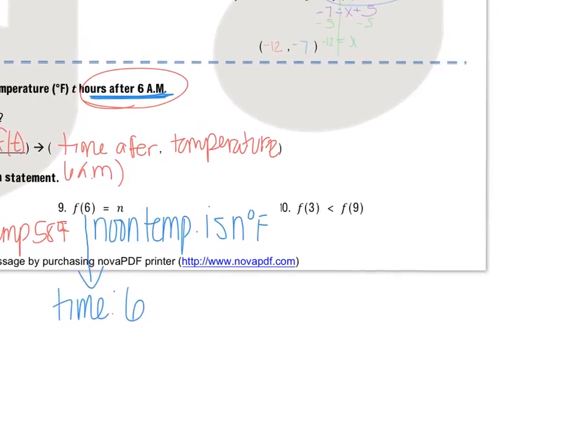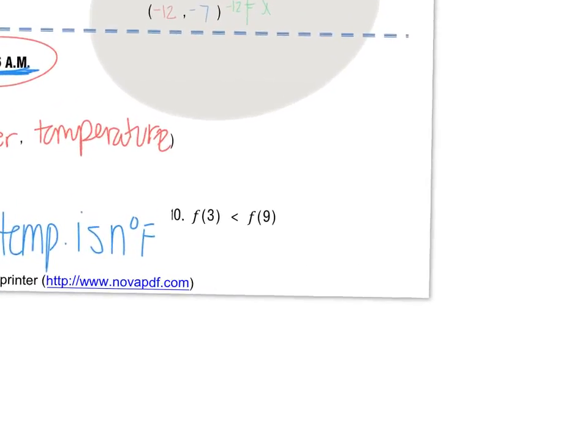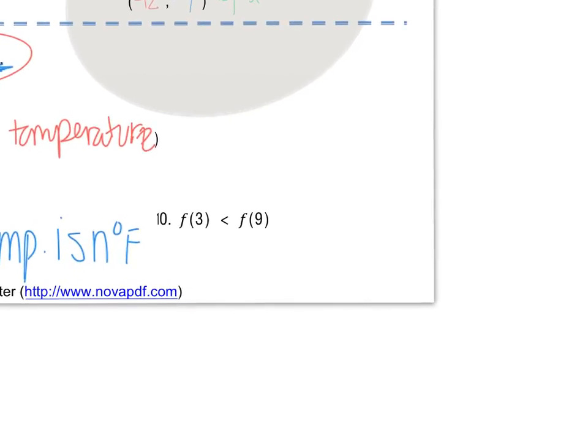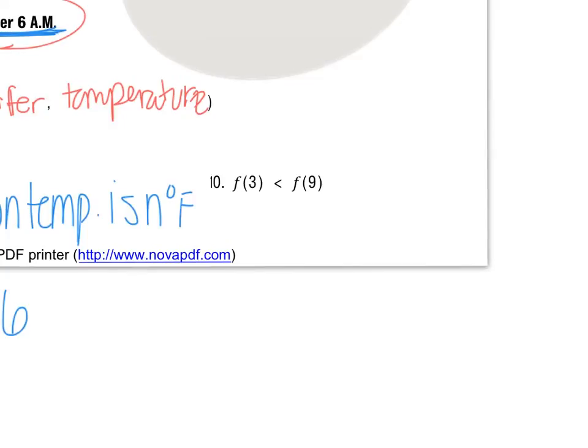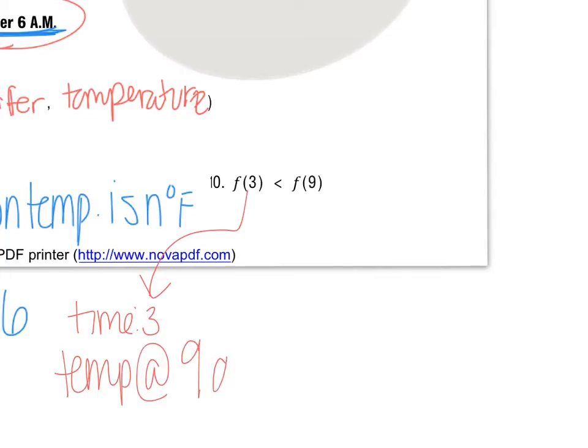Ooh, number 10 uses inequalities. So we've got two things. We have two different times here. So this first one, our 3 says our time is 3 hours after 6 a.m. So remember, 3 hours after 6 a.m., that's going to be at 9 a.m. So we know that the temperature at 9 a.m., that's what the left side represents.